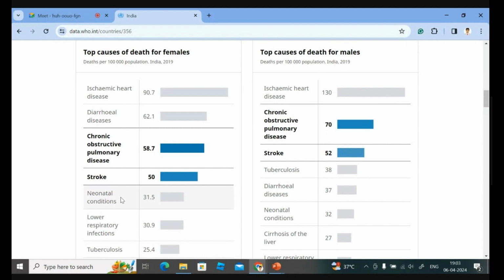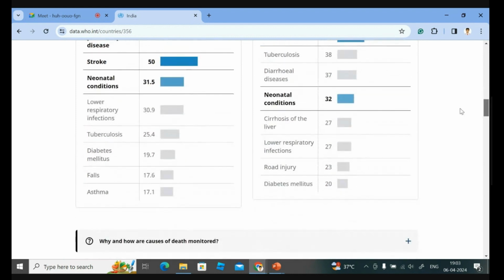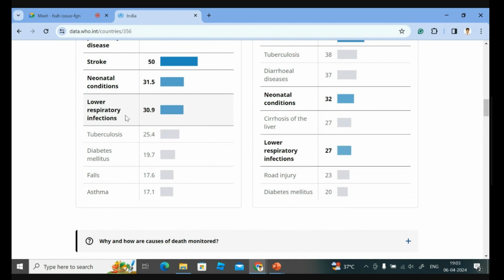Neonatal conditions are more or less the same, 31.5 versus 31. Lower respiratory infections, females do suffer slightly more. Cirrhosis of the liver is not there in females, only in males. Tuberculosis is high in both, but males have more than females.